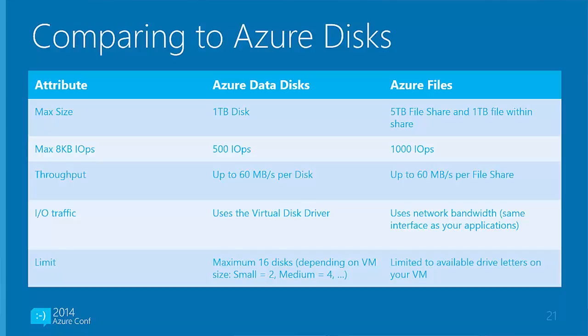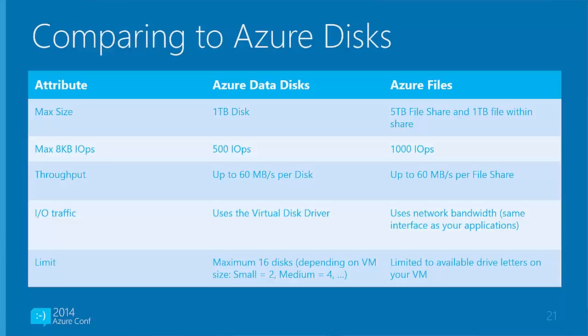Now, if we look at limitations, you can have a maximum of 16 data disks attached to your VM, and this also depends on the size of your VM. So, for example, for a small instance, you're limited to 2 data disks. For a medium VM, this is 4, and so forth.